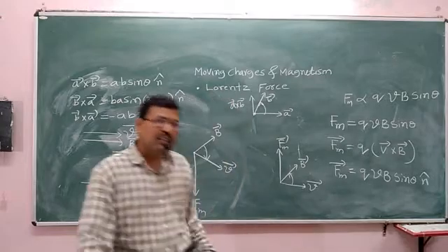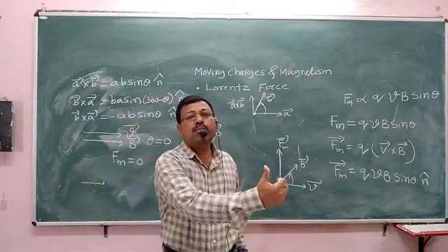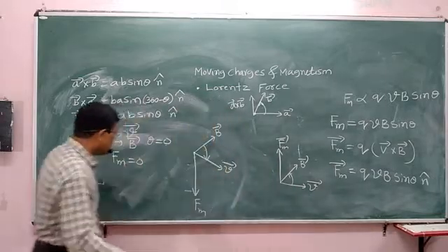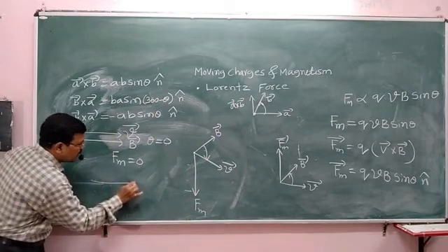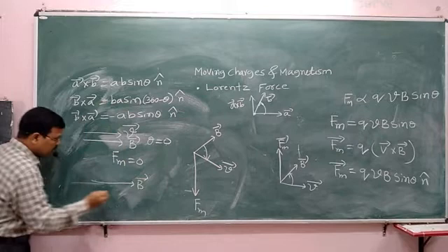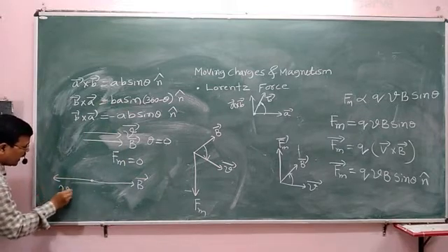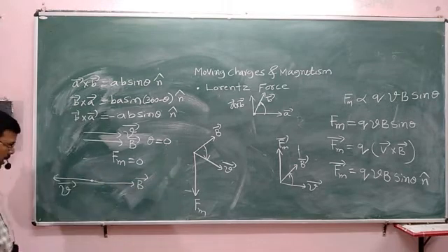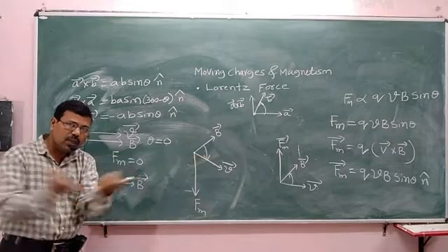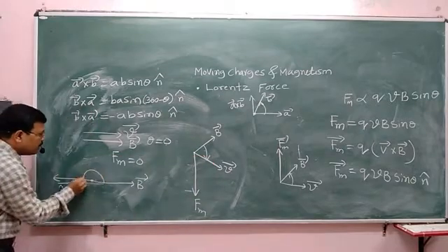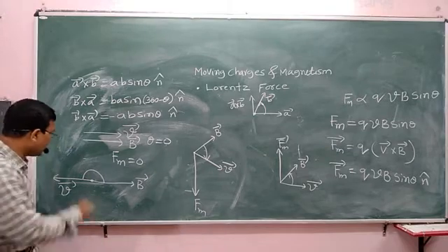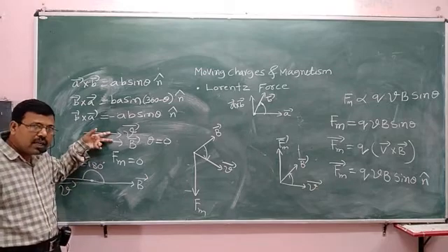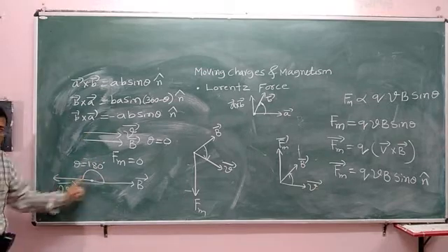For example, if the charged particle is moving against the magnetic field, in the opposite direction of the magnetic field, say this is the direction of the magnetic field and this is the direction of velocity. The charged particle is moving like this, the magnetic field is like this. Both are opposite. The angle between them is 180 degrees. Theta is 180 degrees. Here these two vectors are parallel. Here these two vectors are anti-parallel.